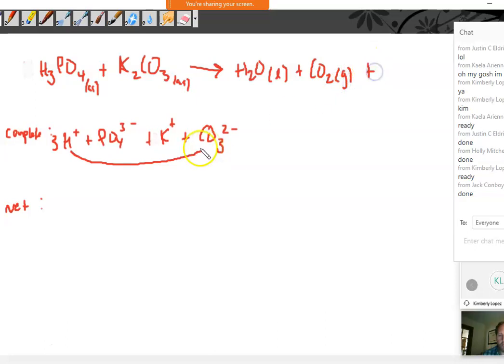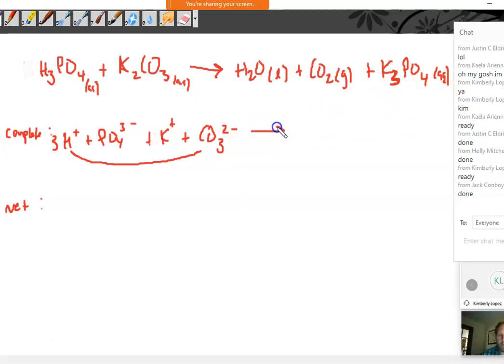And then you form the K3PO4, and that is aqueous based off of the solubility chart, because anything that has a potassium is always soluble.